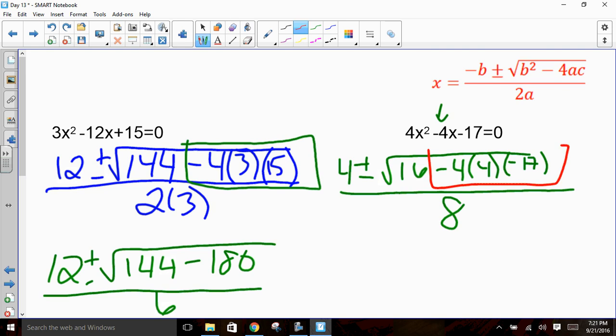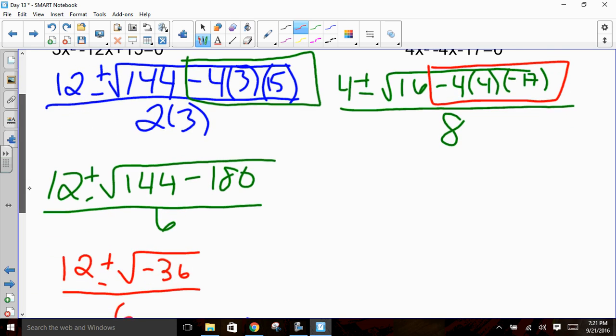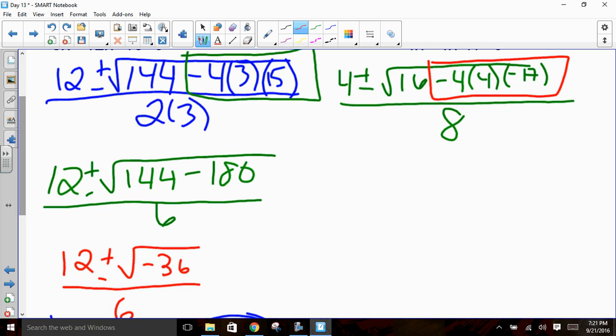In my handy dandy calculator, I'm going to take negative 4 times 4 times negative 17. So now I have 4 plus or minus the square root of, this is going to give me plus 272.